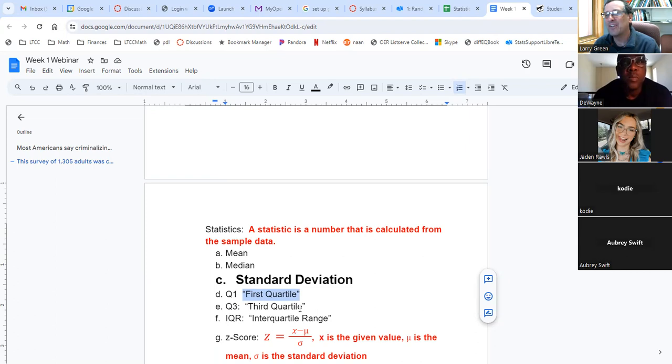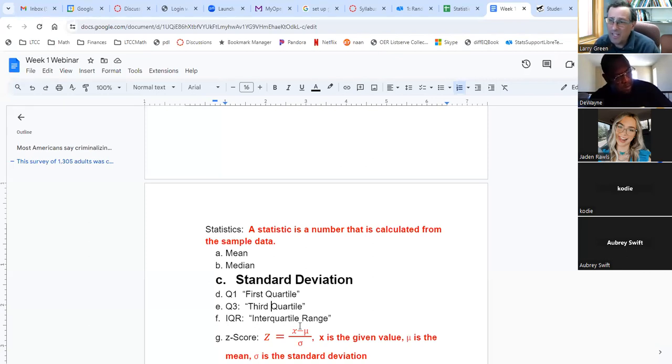So I want you to especially understand the idea of the first quartile and the third quartile. That's more important than the calculation. Got it? The interquartile range, also called IQR, is the third quartile minus the first quartile. It's the range from the first quartile to the third quartile, so it's that middle 50%.